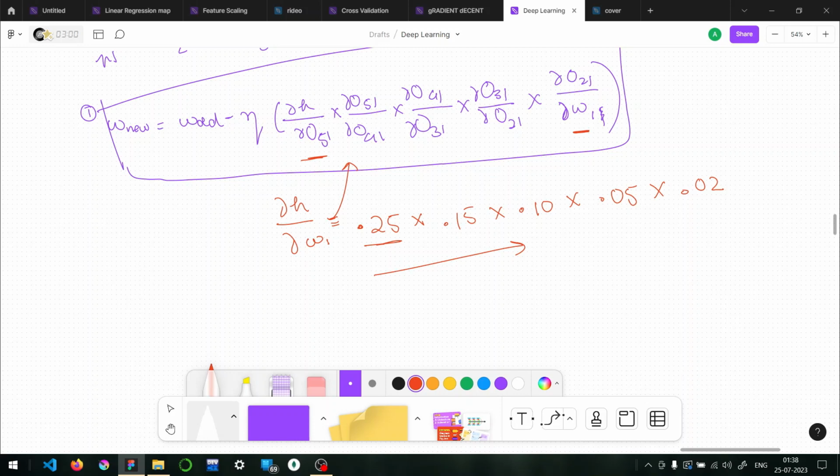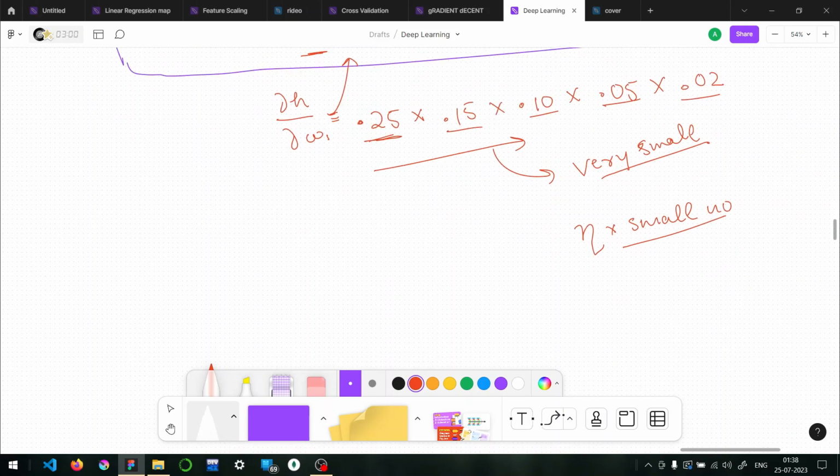So when you are multiplying a small number with an even smaller number, and the process keeps repeating, what will happen? It is going to turn out to be a very small number, right? Then the learning rate times the small number is also going to be a very small number.